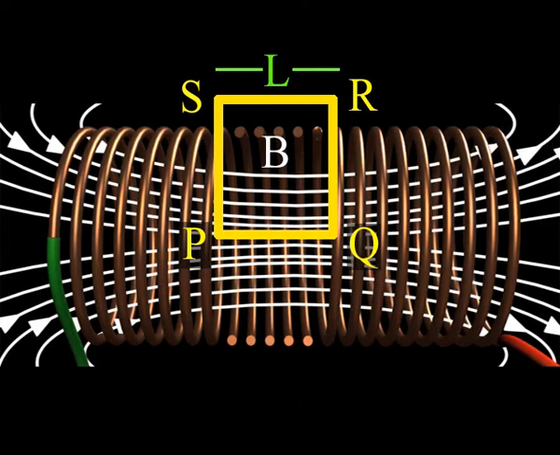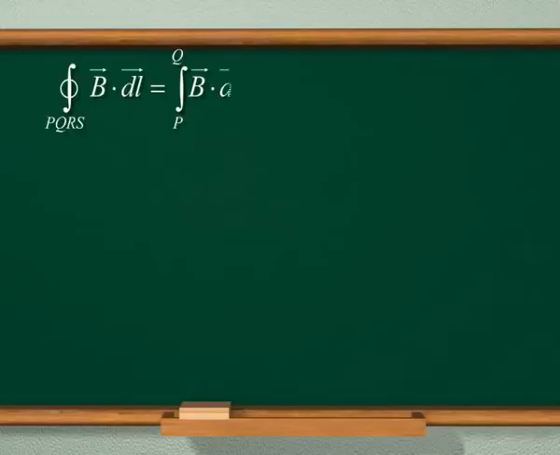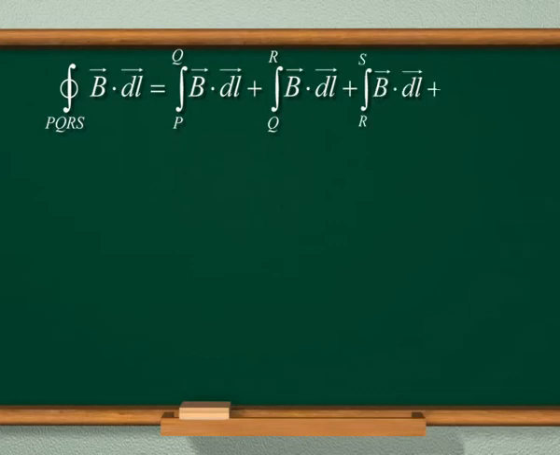The line integral of magnetic field induction B over the closed path PQRS is equal to the line integral of B over PQ plus the line integral of B over QR plus the line integral of B over RS plus the line integral of B over SP.